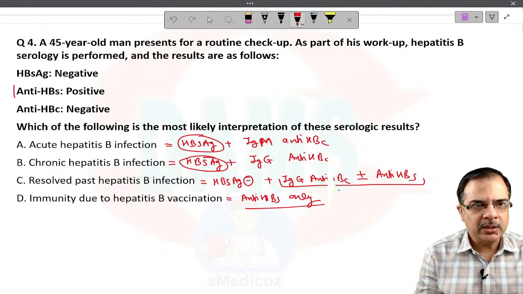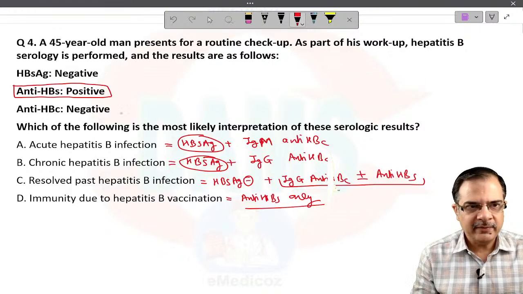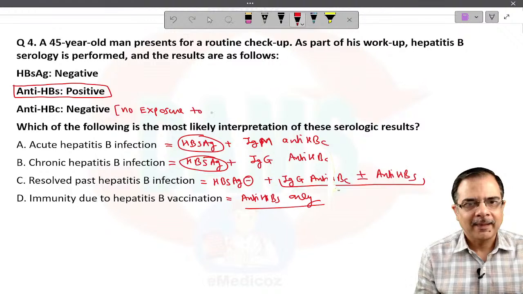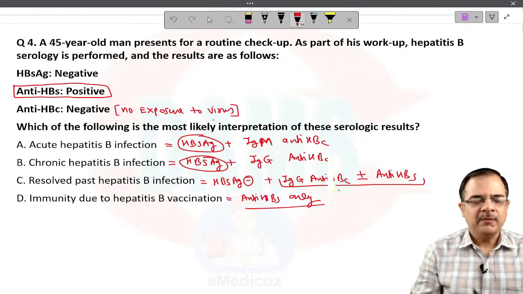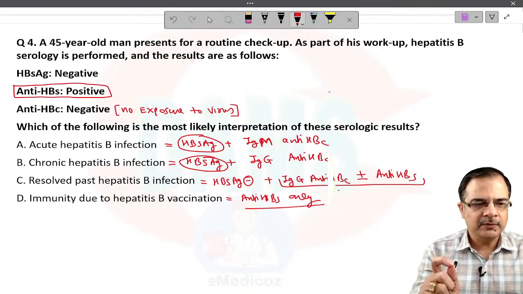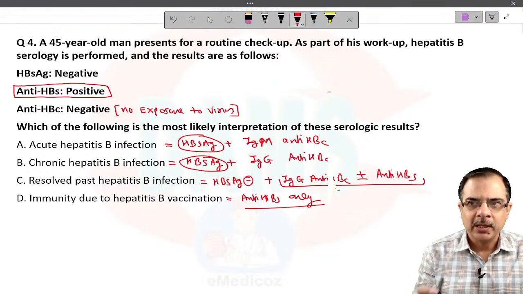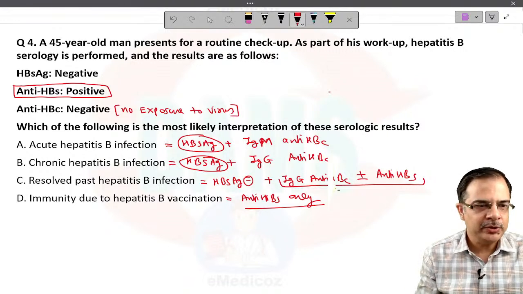So the patient's serological profile has only anti-HBs positivity, while surface antigen negative and anti-HBc negative means there is no exposure to the virus. And again, serology of hepatitis B is a mandatory topic to be done for your exam. Again, I will give you guarantee one question will always be there from hepatitis B serology.